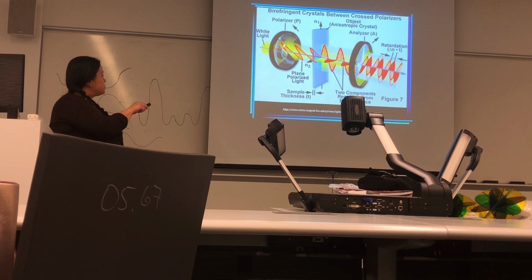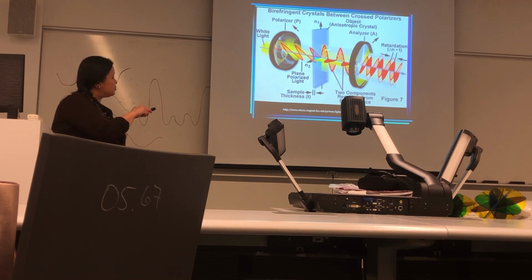So, the white light comes through, and it's only letting light through that's vibrating in this direction. Now it hits this crystal, okay? It hits this crystal, and now the light that is illuminating that crystal resolves into two other light rays that vibrate perpendicular to each other. One of them is vibrating up and down, the other one's vibrating side to side.